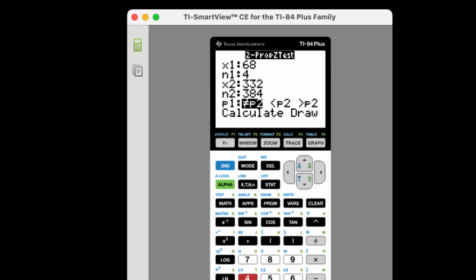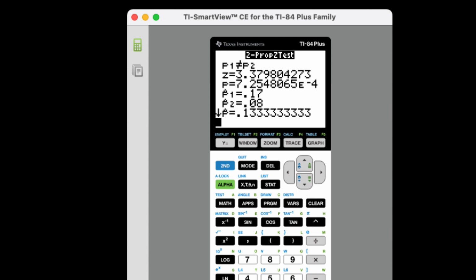What's the sample size? 400. How many successes for the next group? 22. What's the sample size? 275. Is this a two-tailed test? Is it? All right, hit calculate. What do we see? Looks like this is up. This is accurate.